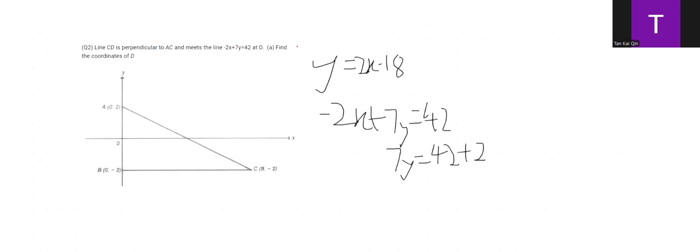But first, we must make y the subject of negative 2x plus 7y equals 42. 7y equals 42 plus 2x, which becomes y equals 42 plus 2x divided by 7.